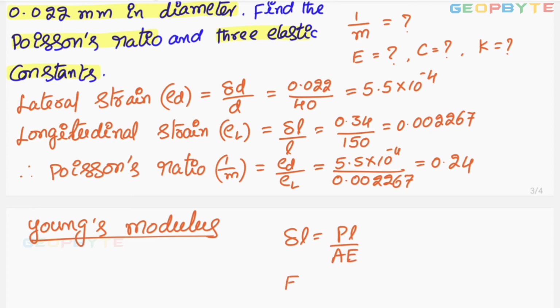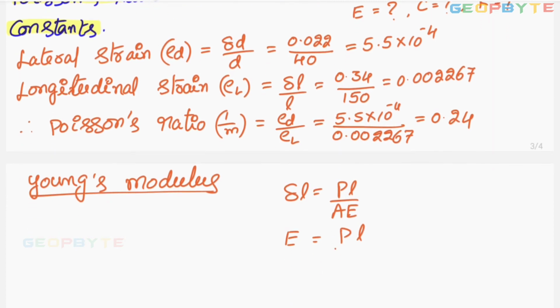From this, Young's modulus E equal to PL by A delta L. Here A equal to pi by 4 into D square. The original diameter is 40. Pi by 4 into 40 square.